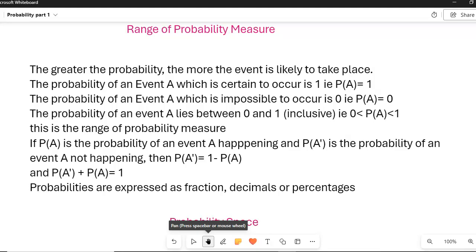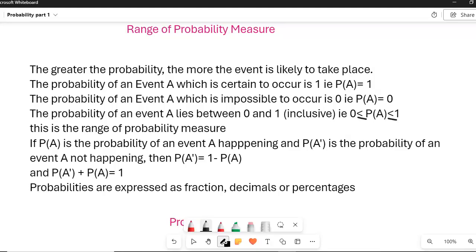And the opposite: the probability of an event A which is impossible to occur is 0, that is, P(A) = 0. So the probability of an event A lies between 0 and 1, and 0 and 1 are included.